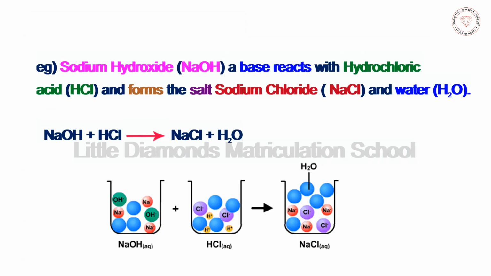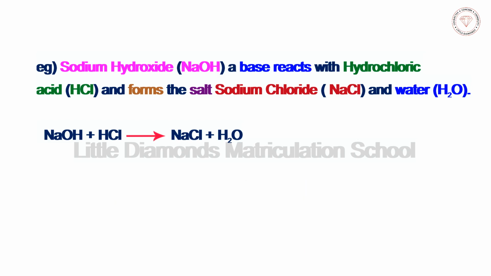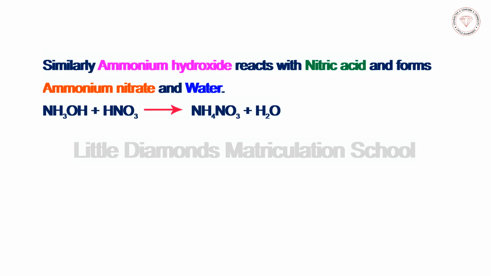Example, sodium hydroxide, a base, reacts with hydrochloric acid and forms the salt sodium chloride and water. NaOH plus HCl gives NaCl plus H2O. Similarly, ammonium hydroxide reacts with nitric acid and forms the salt ammonium nitrate and water. NH4OH plus HNO3 gives NH4NO3 plus H2O.